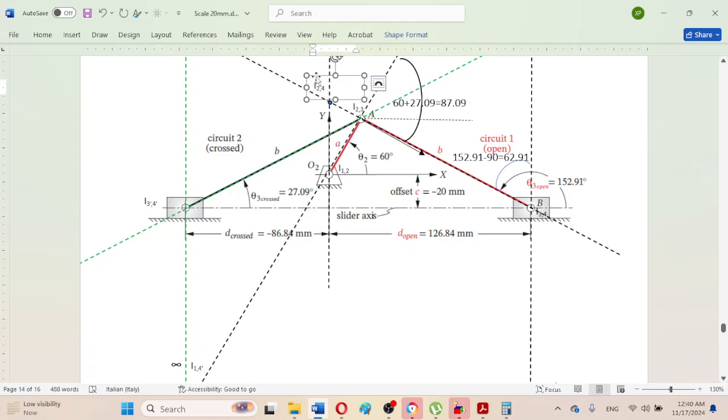So I can just copy this label, paste it, and move it from here. So this is the instant center 2,4 dash.